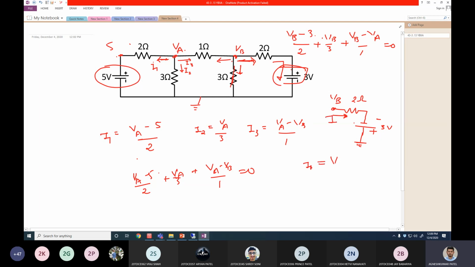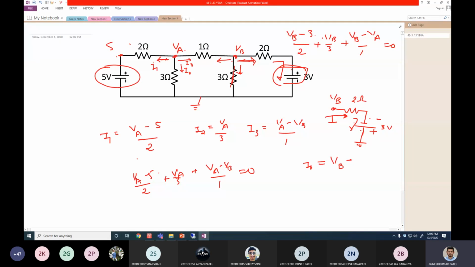In this case my current I would be VB, and what we were writing earlier, minus. Why was I writing minus 5 here? Because I knew that this point is at 5 volt potential, which was plus 5. Crossing minus to plus is a rise in potential, so you consider a plus sign, as we were following in mesh analysis.